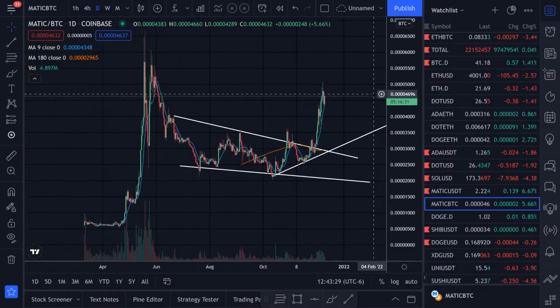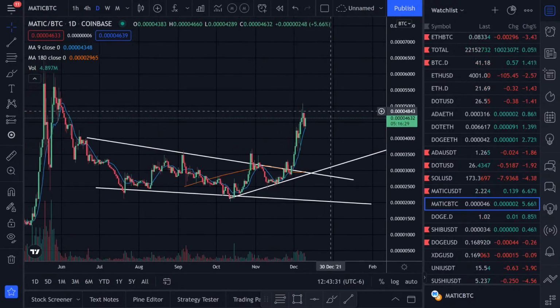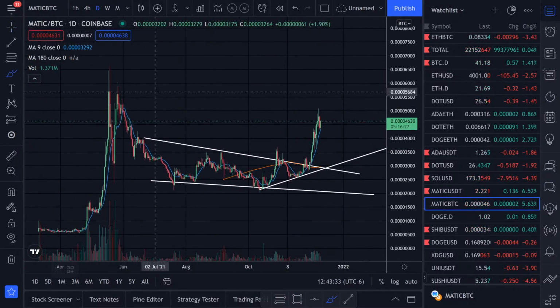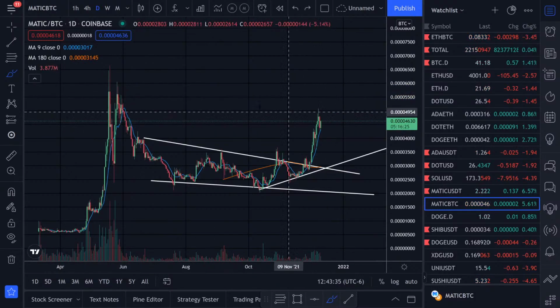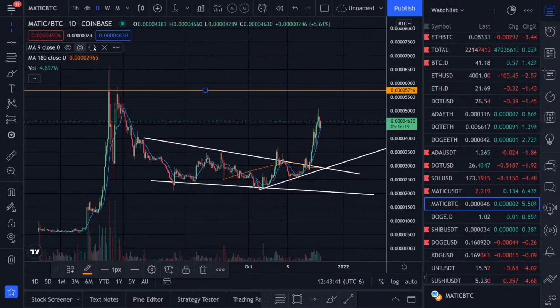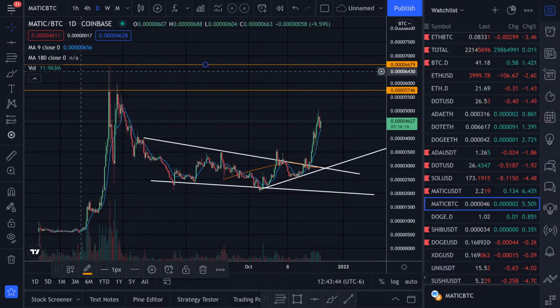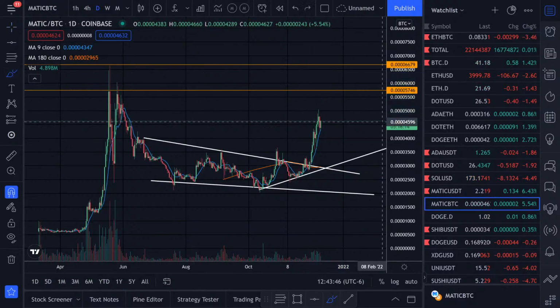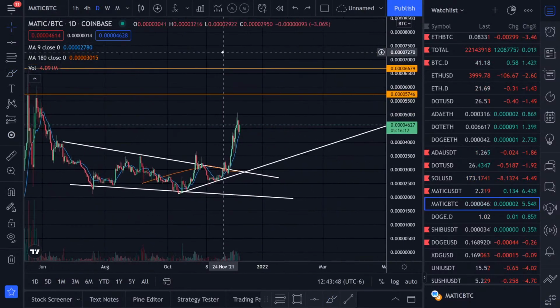Compared to Bitcoin, I like watching these charts too, because once we start hitting these levels, I'm thinking, if we break through these levels, then we can continue with MATIC. But if we start getting a correction, I'd be looking at Bitcoin more.